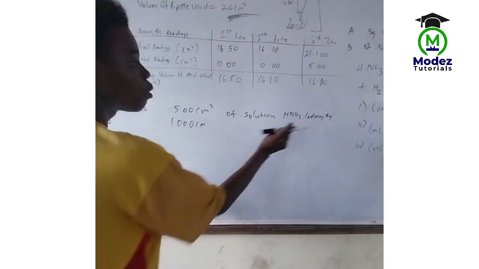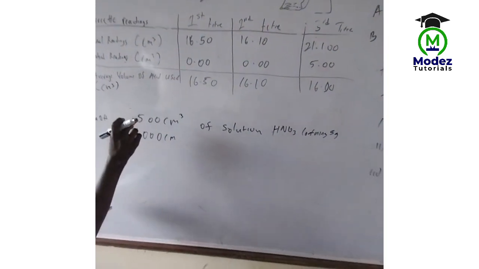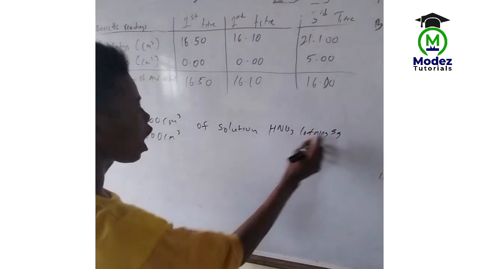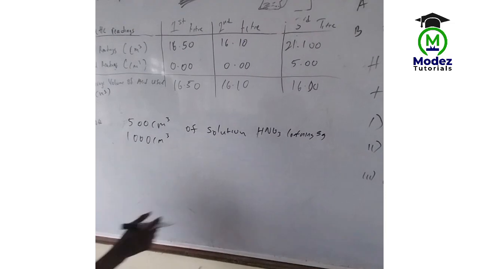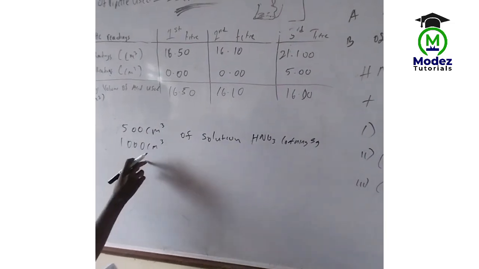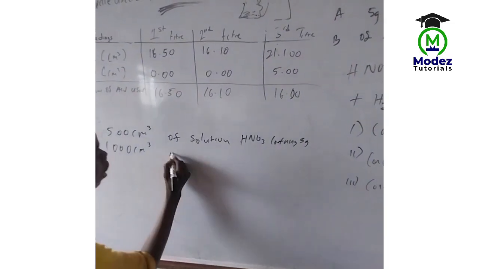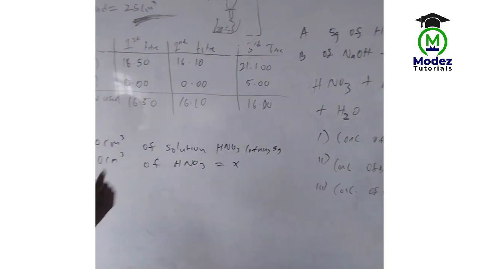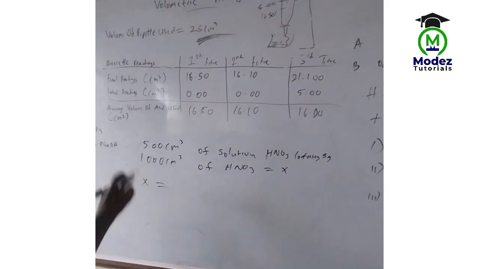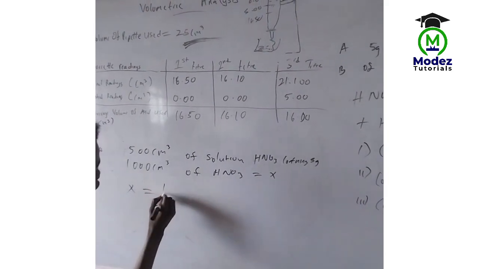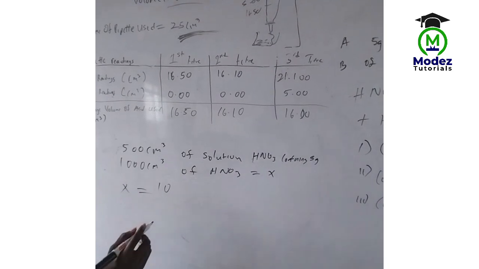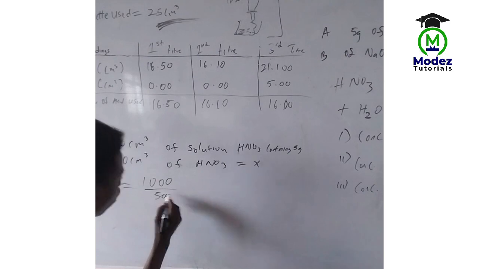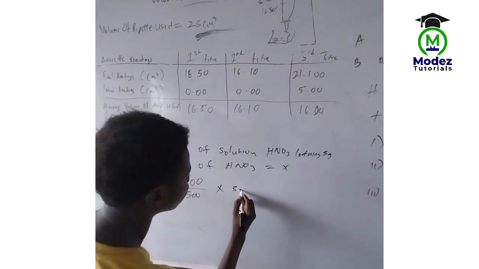So if 500 cm³ contains 5 grams, how many grams will be in 1000 cm³? Let the concentration of HNO3 be x. So x equals 1000 over 500 times 5 grams.